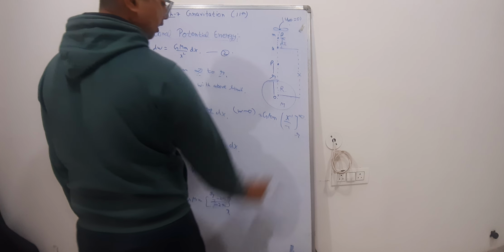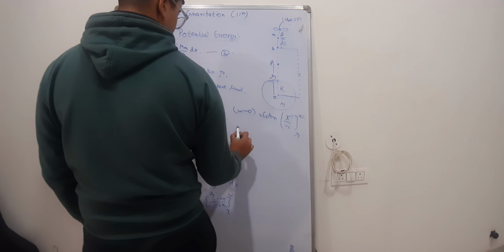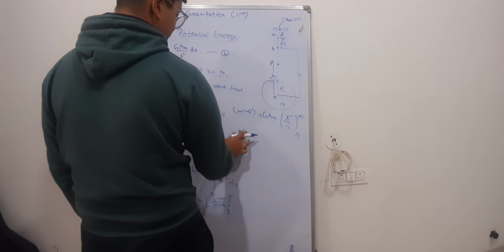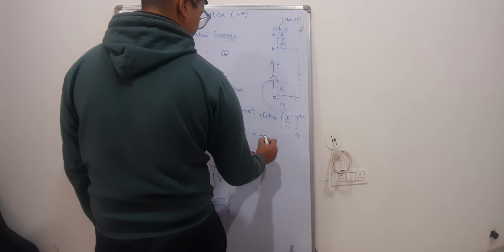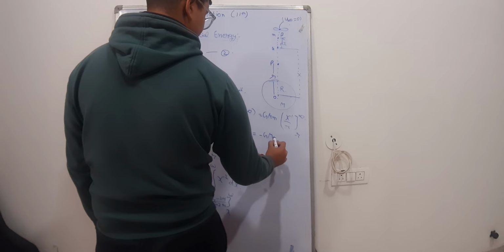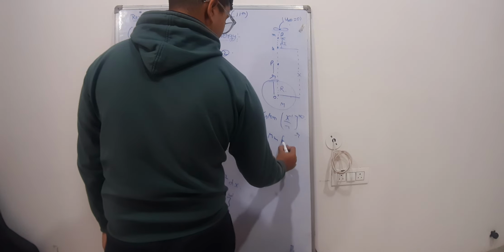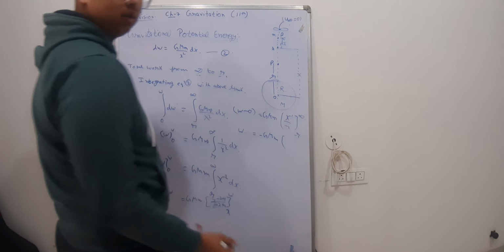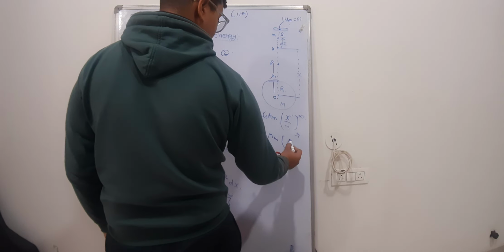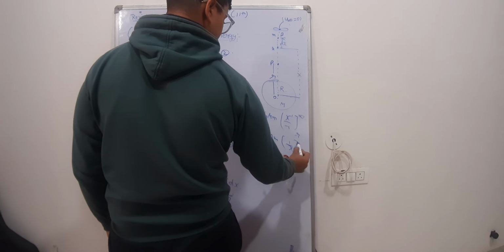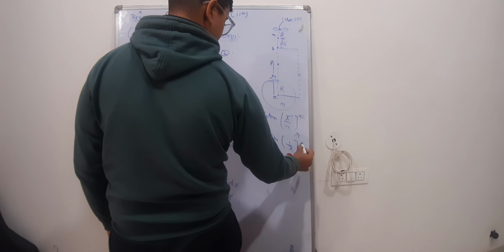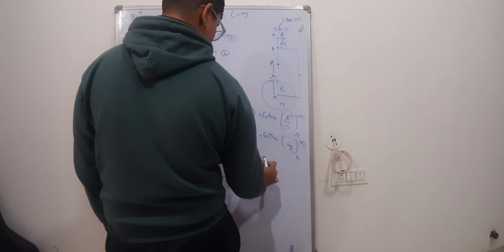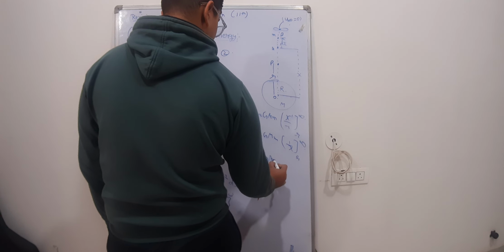Now we take minus 1 outside as common. We take x in the denominator for the positive sign of the power, so W is equal to minus G M m times 1 upon x from r to infinity.